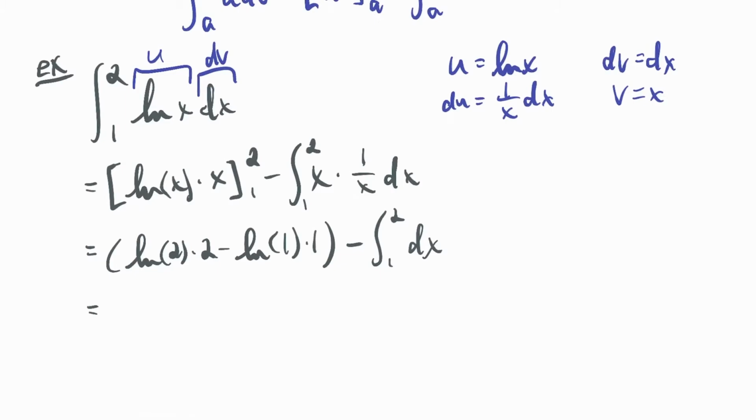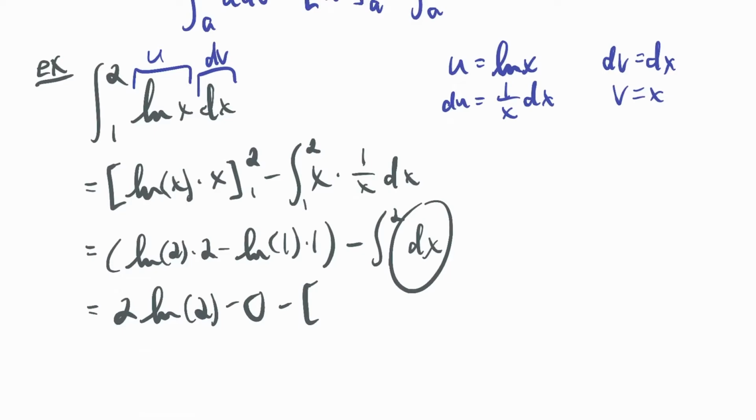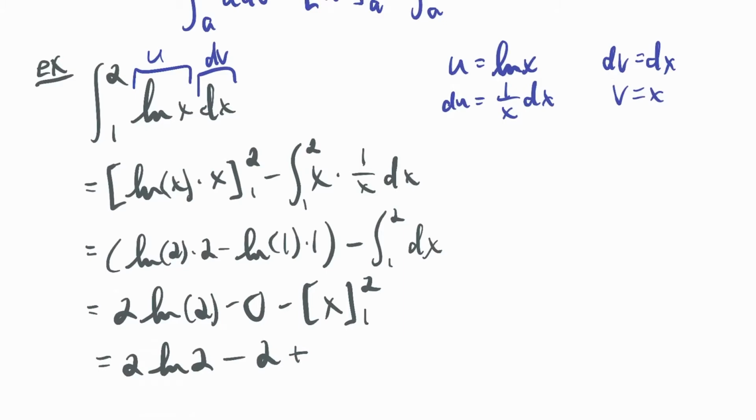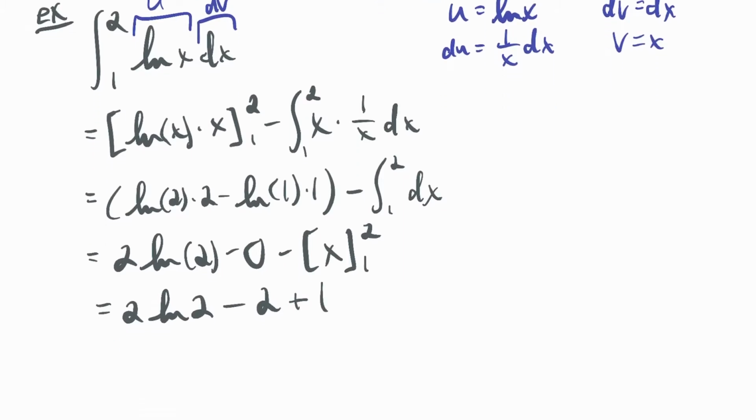So this equals 2 times ln of 2, I just prefer to write in that order, minus 0, of course. Ln of 1 is 0. Minus the antiderivative, the integral of dx is just x, evaluated at 1 and 2. So this is 2 ln of 2 minus 2 plus 1. So I get 2 ln of 2 minus 1.